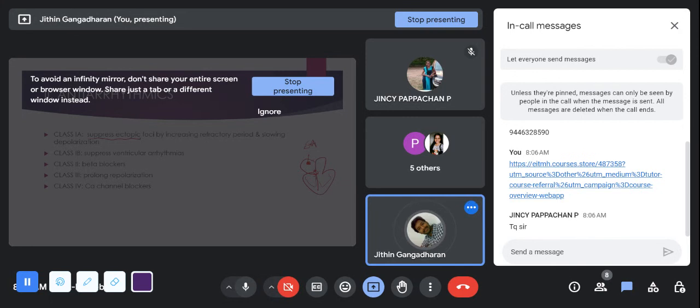There is a chance for heart failure. Next, it may lead to blood dyscrasias. What is blood dyscrasias? It will decrease the RBC, WBC, and platelet synthesis. That is the main side effect of these drugs.